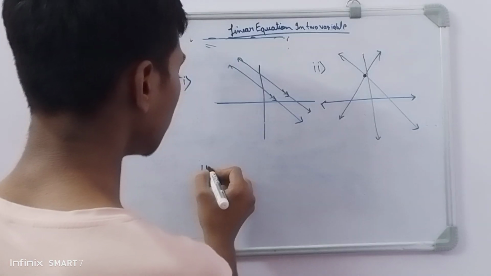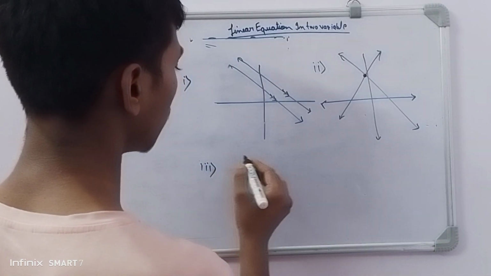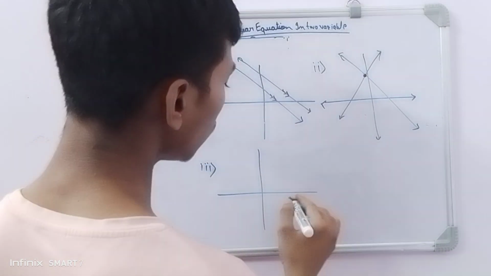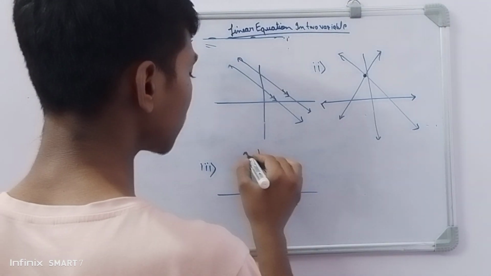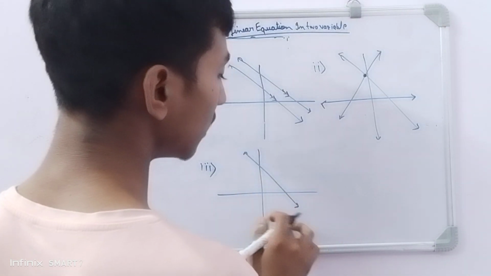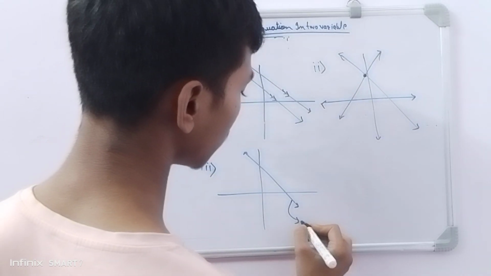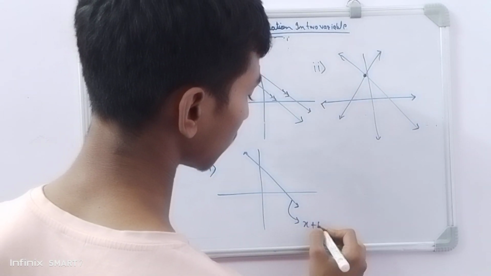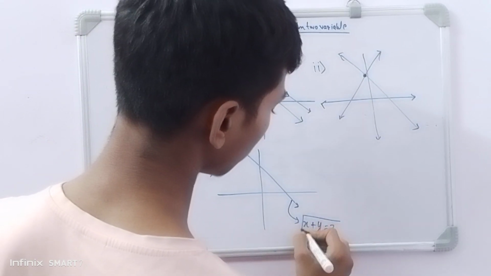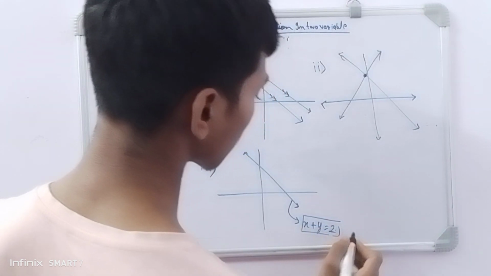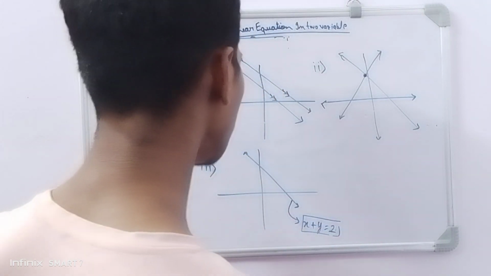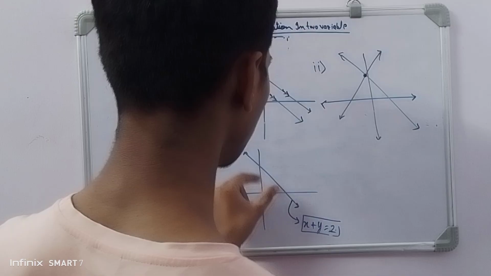And the third condition we have to study is when the two lines coincide. Let's suppose this line we get through the first equation, x plus y equal to 2.